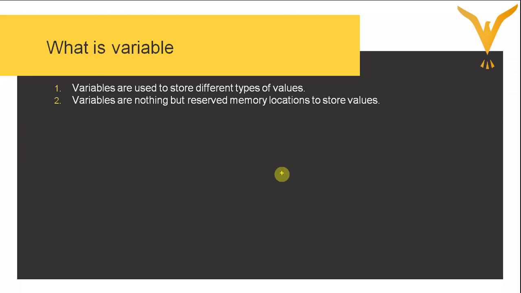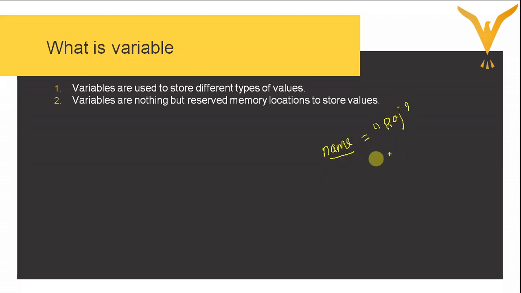What does this exactly mean? Suppose I have one variable, say name. When you create a variable, the value of this variable is, say, Raj.